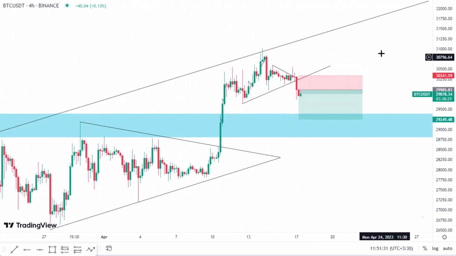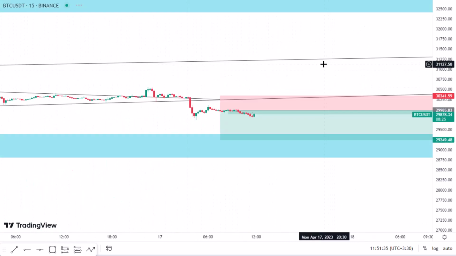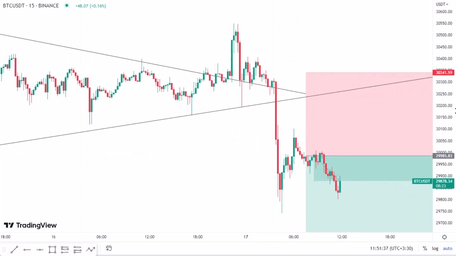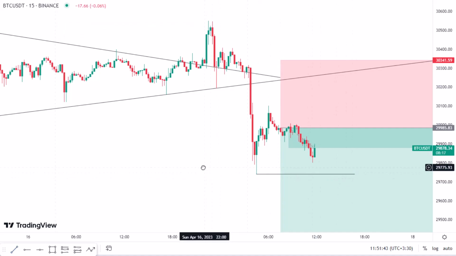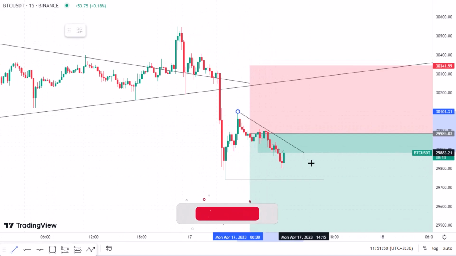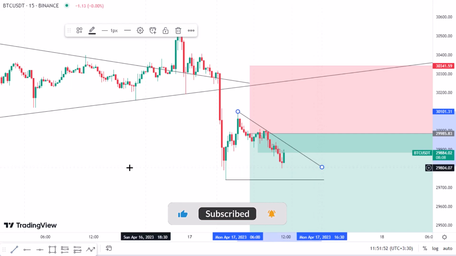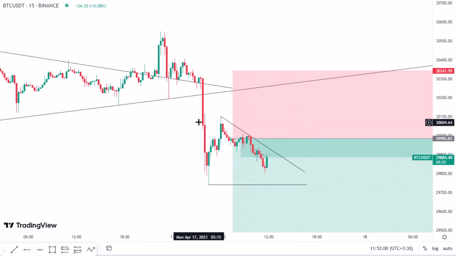Let's check lower time frames like the 15-minute time frame to see what we have. We can have a support like this in lower time frames, 15 minutes, 5 minutes, and a trend line like this one. In the 4-hour time frame the trend is downward, but right now in the 15-minute time frame it is like this.